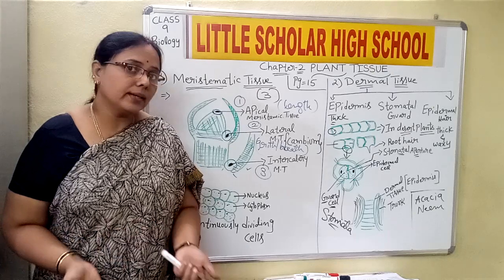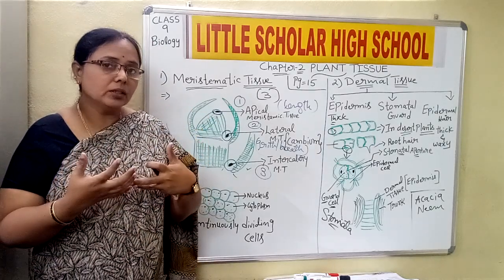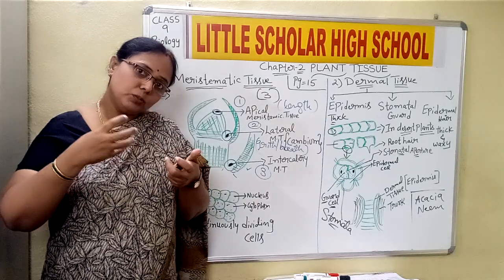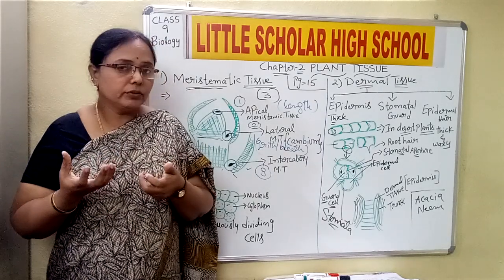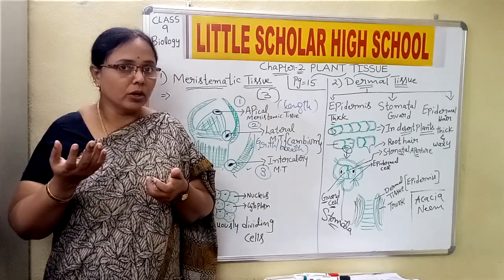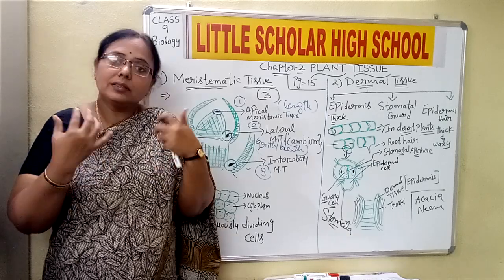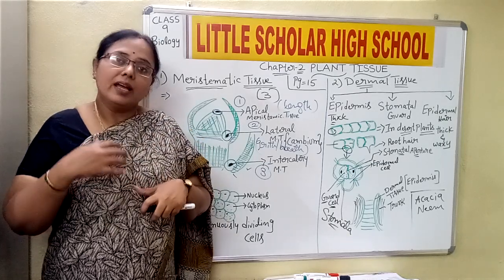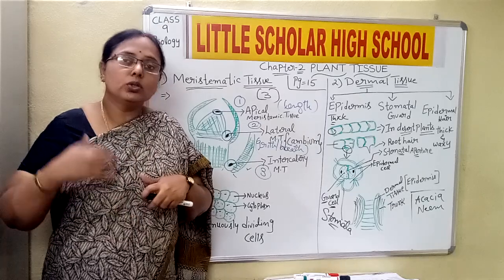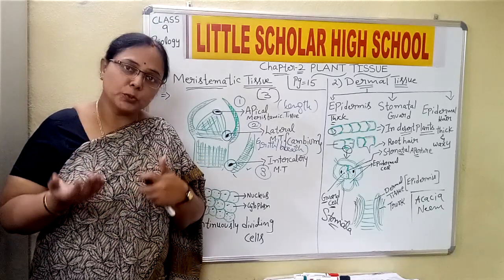Now we know that transpiration is nothing but the loss of water by the plant. The water is absorbed by the roots, and it is transported to the entire plant body. Whatever water is required by the plant, it keeps within the body, and the extra water is given out to the external environment through a process called transpiration.